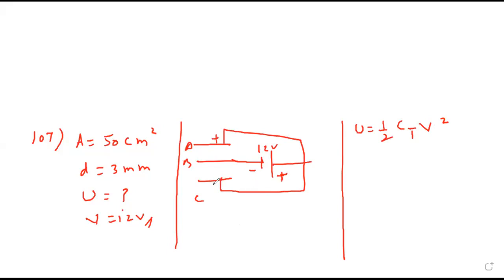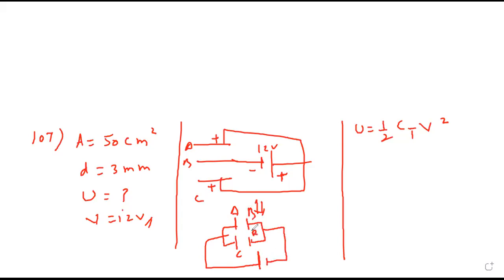Plate A is connected to positive, plate C is also connected to positive. That means A and C are joined together to the positive plate of the battery. And B is connected to the negative terminal of the battery.